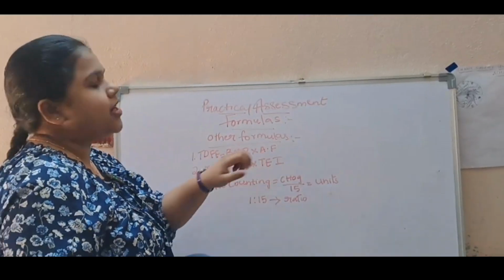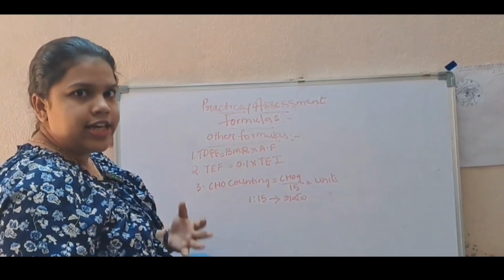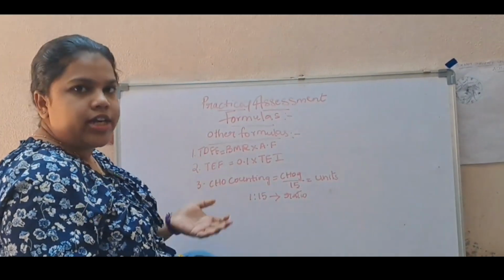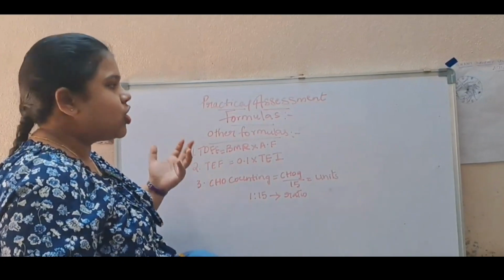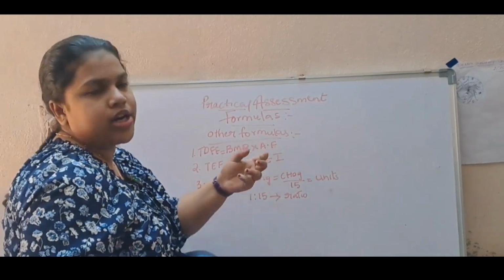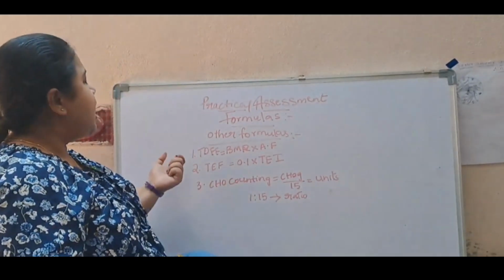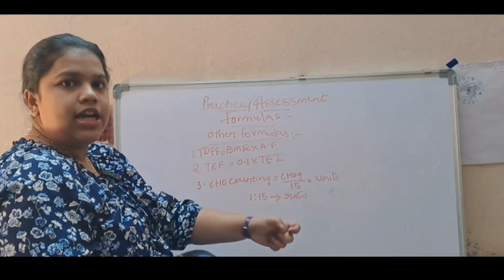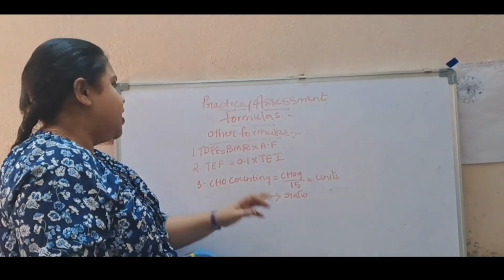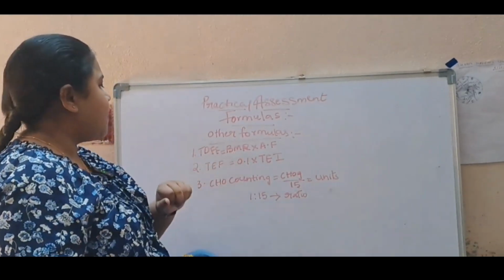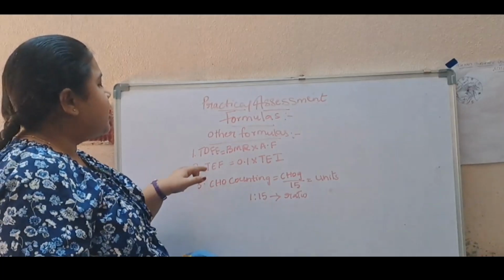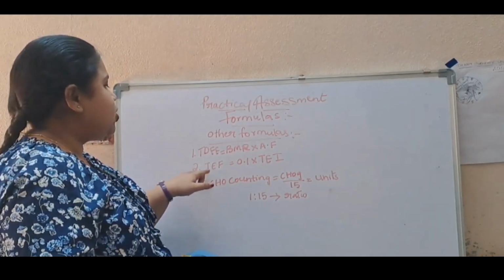Next, the activity factor: sedentary, light activity, moderate activity, overactivity. Based on that activity factor, we write the number. This is how we calculate total daily energy expenditure.